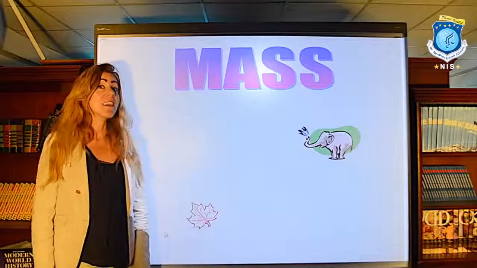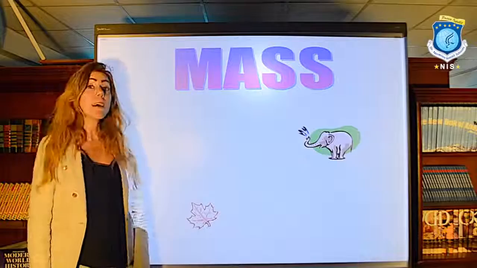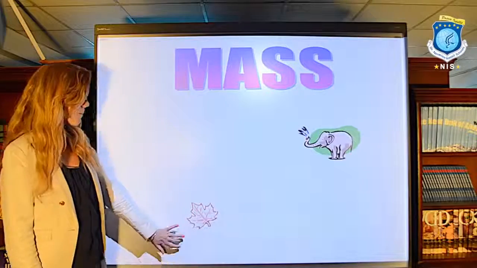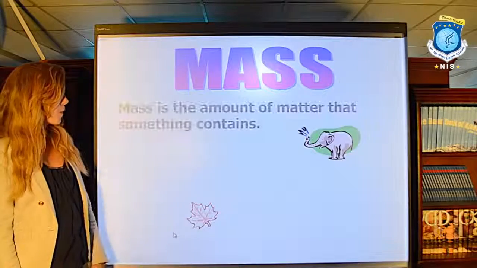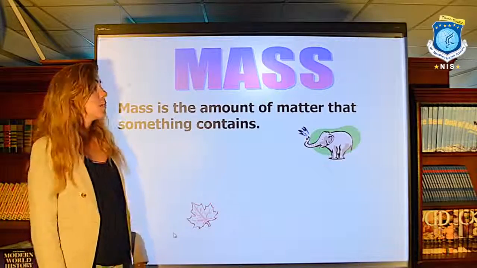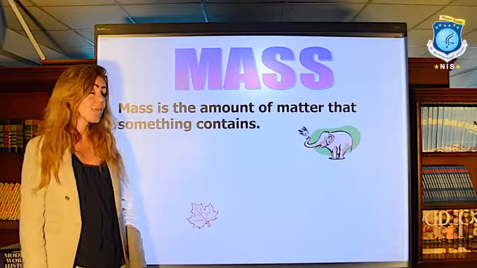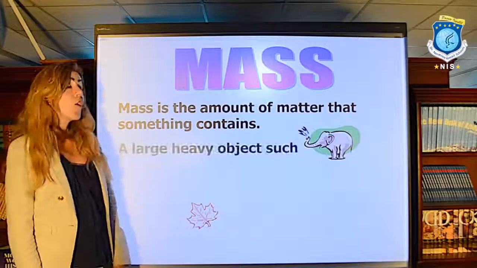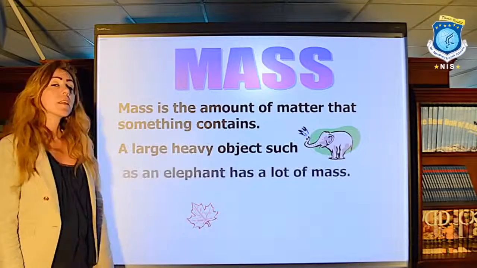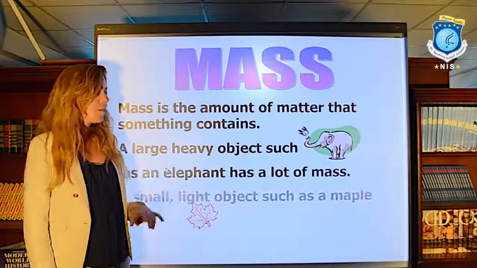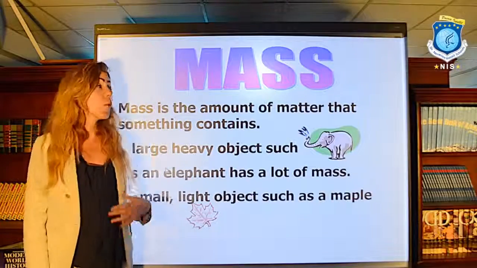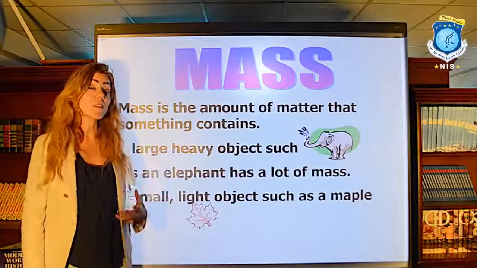Now, let's take a look at what mass means. Mass is the amount of matter that something contains. What does that mean? Before we move on, I would like to explain to you what mass means.